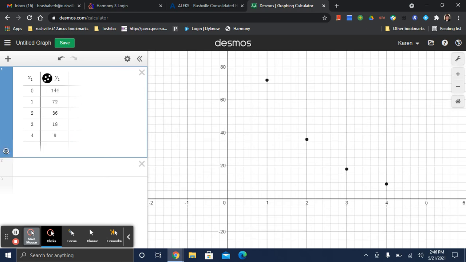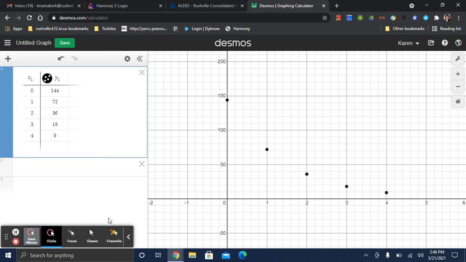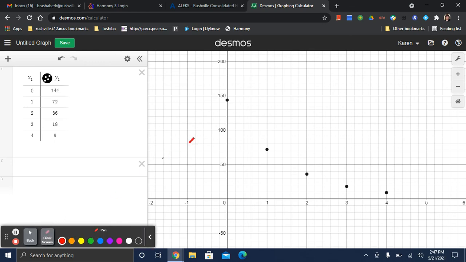If I do the zoom fit, you definitely see that we have a curve starting here. Whoops, let me erase that. Starting here and curving, and that is starting to follow this horizontal axis.